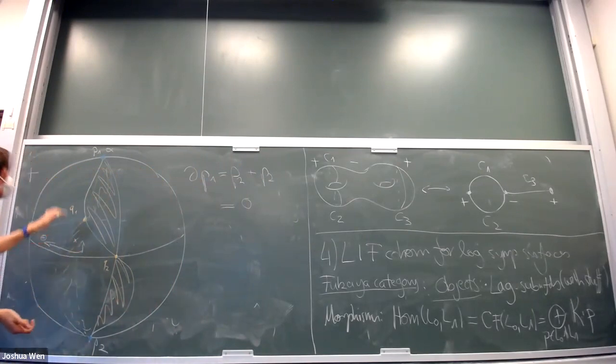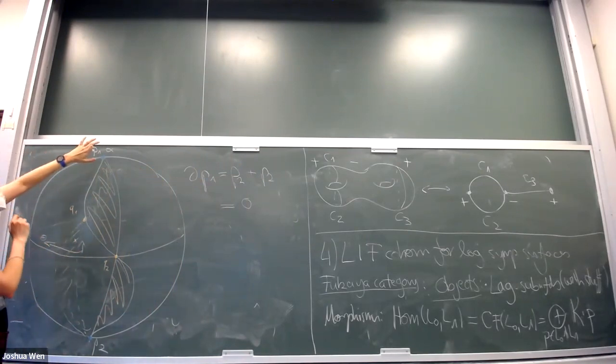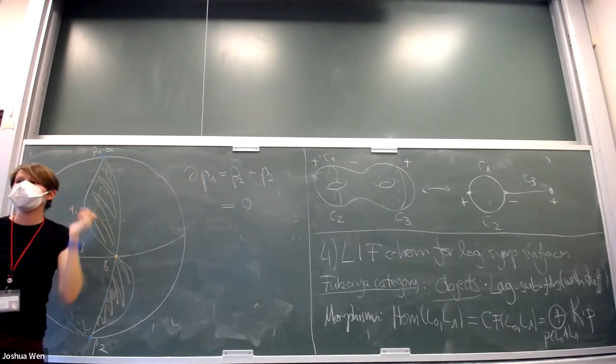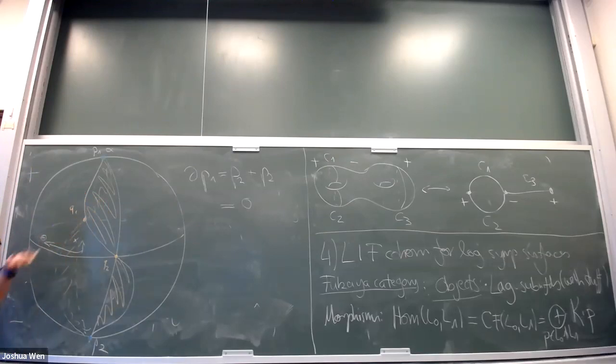Well, and then with chosen orientations of the Lagrangian, from the orientations of the two Lagrangians that you're considering, you can assign degrees to the intersection points. If you're working over Z2, then the degrees are only up to Z2, but since we're in 2 dimensions, we will only have degree 0 and degree 1 anyway.